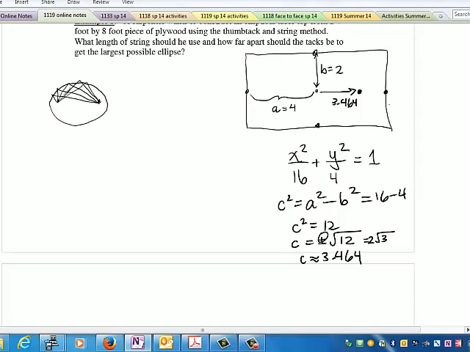So we want to have the tacks be that distance from the center, both directions, right? So the two questions we have here: what length of string should he use and how far apart should the tacks be to get the largest possible ellipse? So the distance between the tacks we would want 2c.